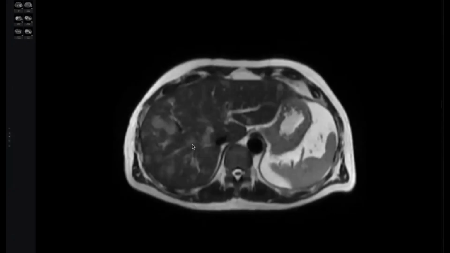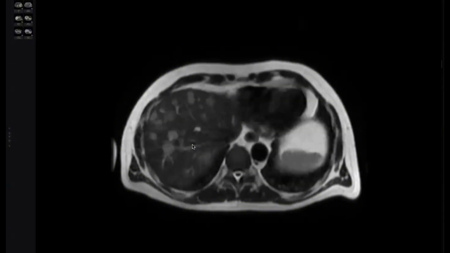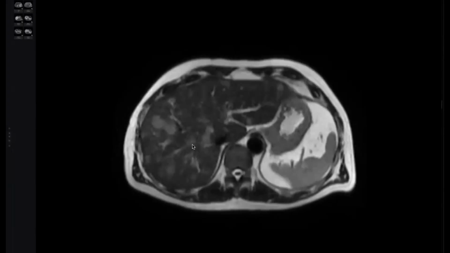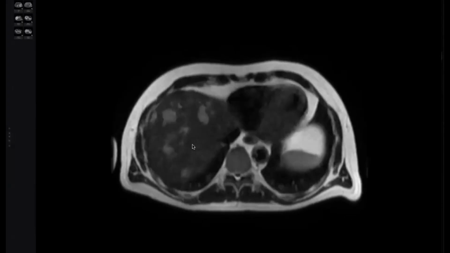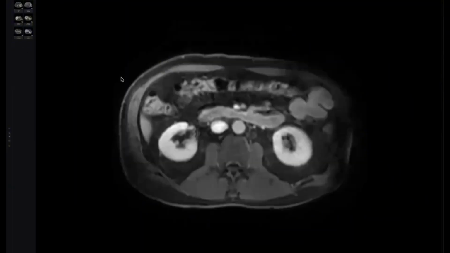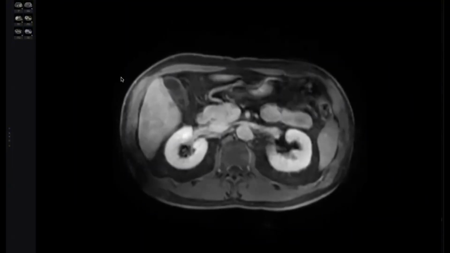What's your differential? I still have metastasis in my differentials, but I would like to see the pattern of enhancement, the arterial and the portovenous phases.